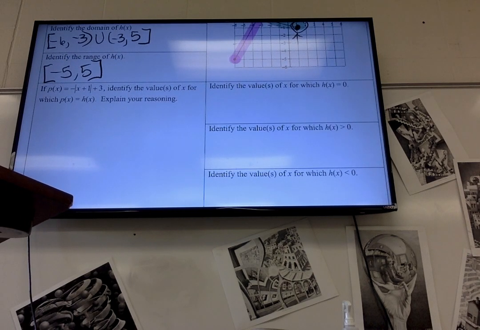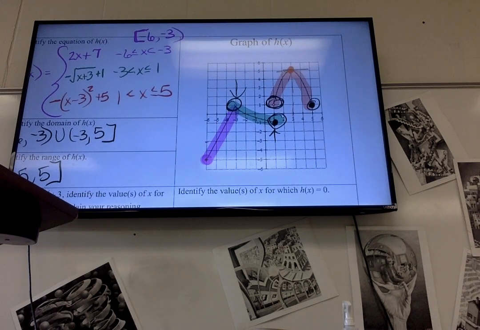If p of x equals blah, identify the value or values of x for which p of x equals h of x and explain your reasoning. How would we figure that out? They equal each other if they intersect.